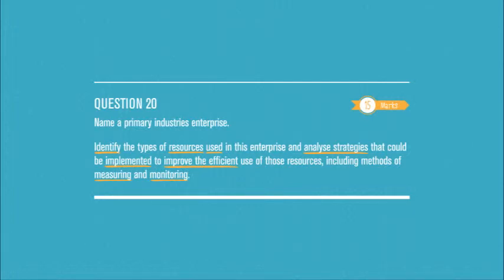If we're looking at those two methods of measuring and monitoring, we can use that to answer implementing strategies to improve the efficiency. If you're a farmer who goes out and applies fertiliser without doing a check to see what fertiliser it needs or at what rate, one way they can become a little bit more efficient is, as I said before, monitoring the type of fertiliser that's needed, so doing soil tests, sending that information off to an agronomist or getting an agronomist to come in and do that, and measuring how much they put out.